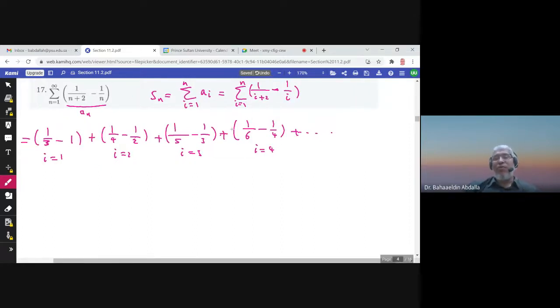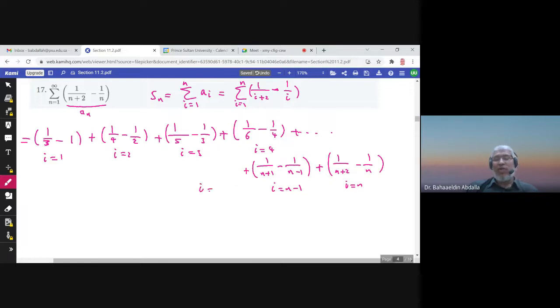The last term is when i is n, so this would be 1 over n, and this would be 1 over n plus 2. The previous term would be when i equals n minus 1, so this would be 1 over n minus 1, and this would be n minus 1 plus 2, n plus 1.